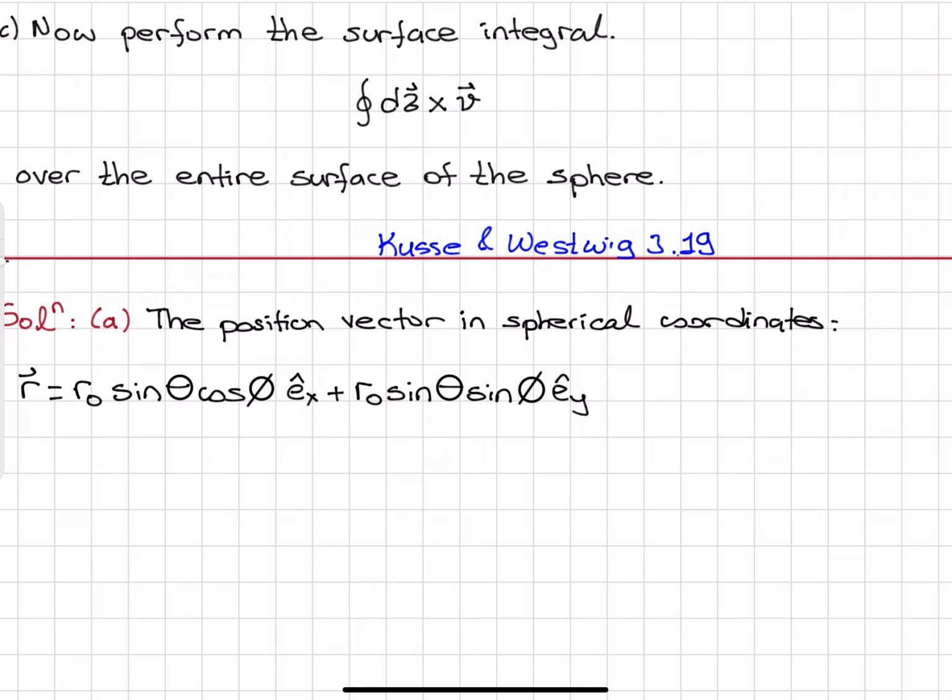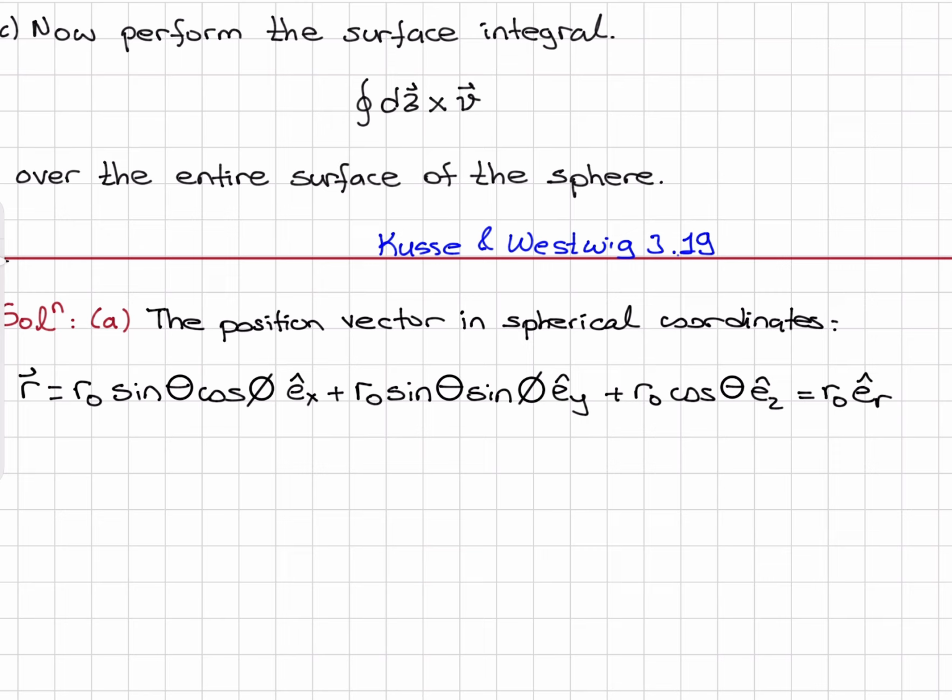And then we have r0 cosine of the polar angle theta in ez hat direction, which can also be written in terms of the spherical basis vectors as r0 in er hat direction.